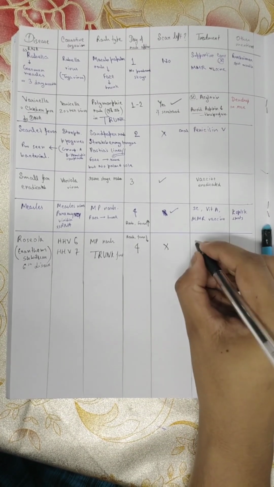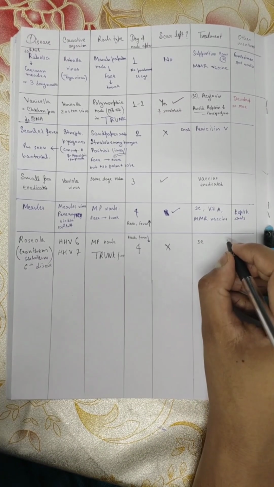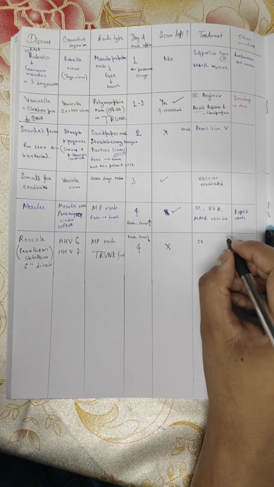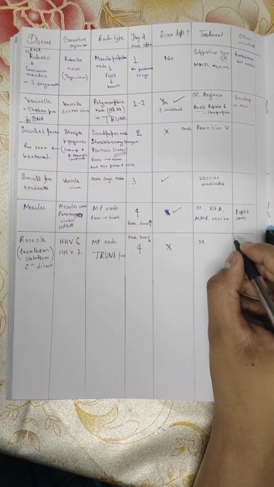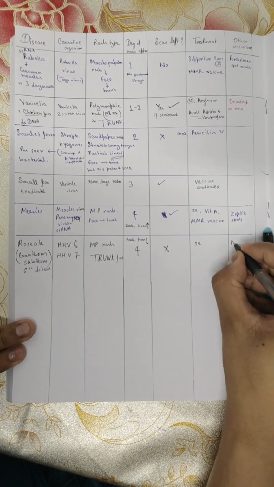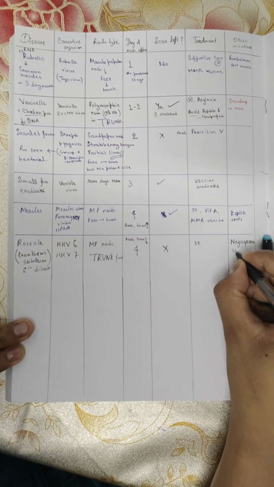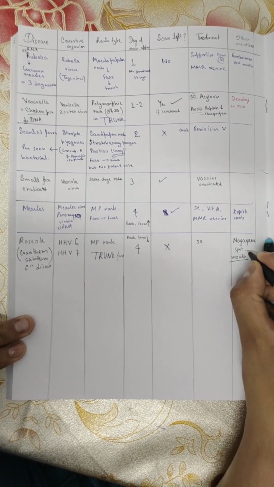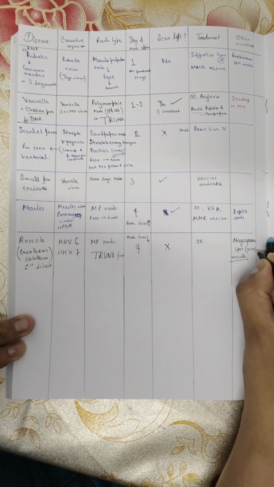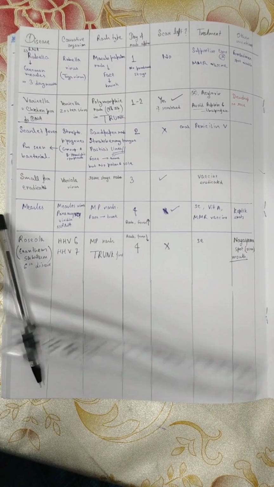What is the treatment? Same as before, supportive care as well, but nothing else. We have Nagayama spots on the mouth, uvula. These are nothing but ulcers inside the mouth, on the uvula and soft palate. Okay.